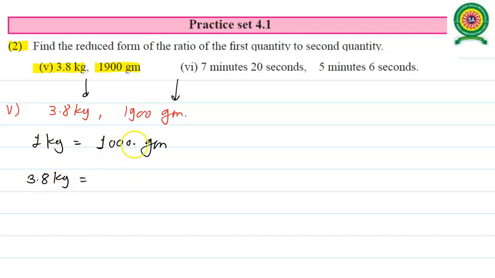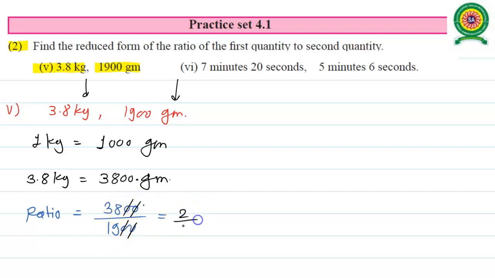So 3.8 into 1000 gives 3800 gram. Now both quantities have the same unit, so we can form the ratio. The ratio of the first quantity, 3.8 kg, which is 3800 gram, divided by the second quantity, 1900 gram. Now two zeros from numerator and denominator get cancelled.